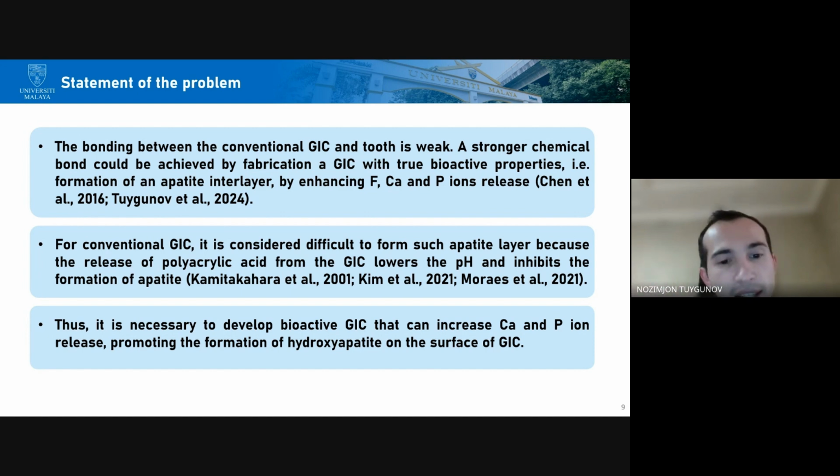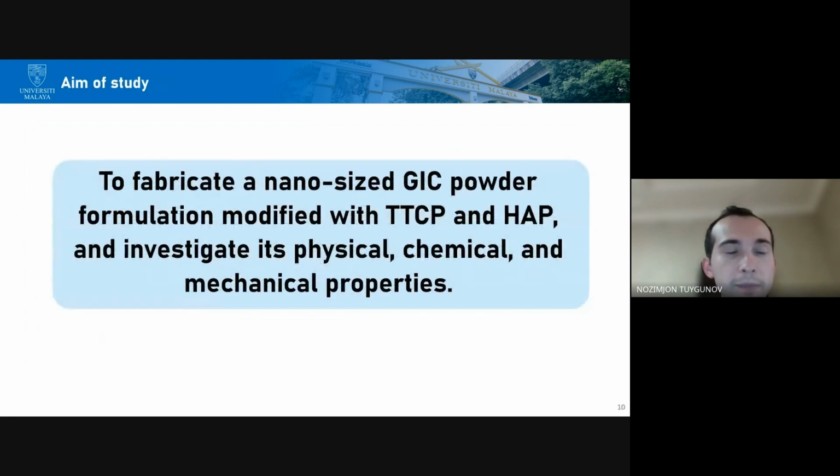For conventional GIC, it is difficult to form such an apatite layer because the release of polyacrylic acid from the GIC lowers the pH and inhibits the formation of apatite. Thus, it's necessary to develop a bioactive GIC that can increase calcium and phosphate ion release.